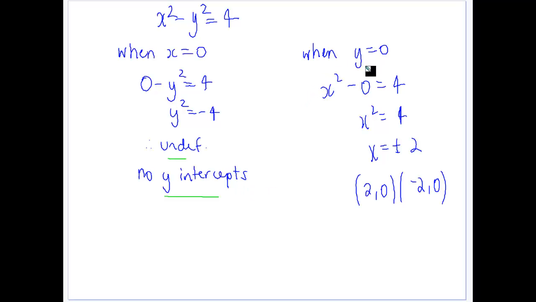That's the case because with x squared minus y squared, there's no values there we can make that equal to 4 where x squared is less than 4. Because it's always subtracting y squared, you can see why that's going to be the case. You can also establish that your domain is going to be greater than 2 or less than minus 2, because the smallest value of y is going to be 0.